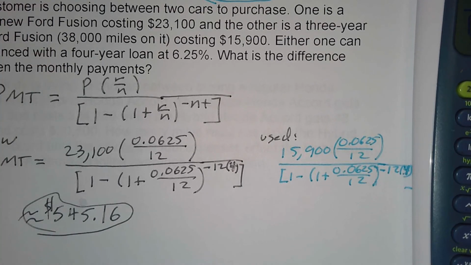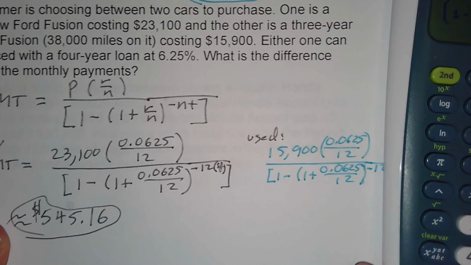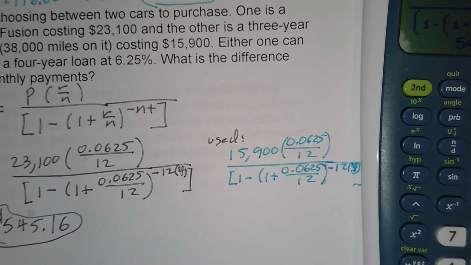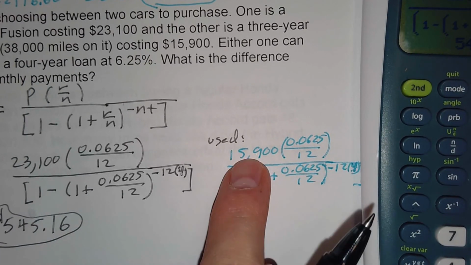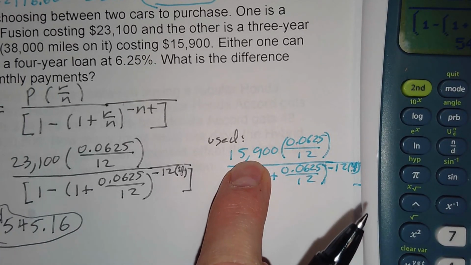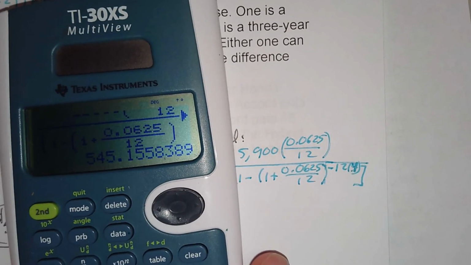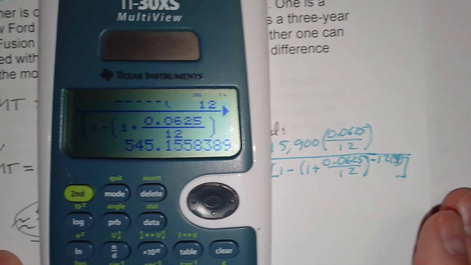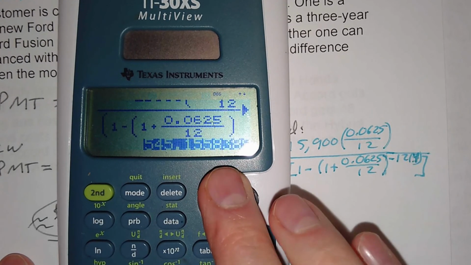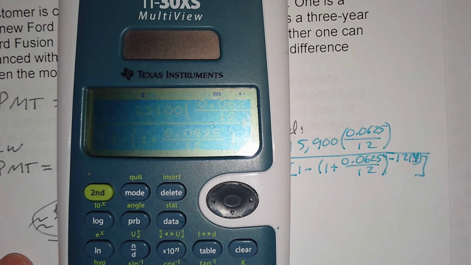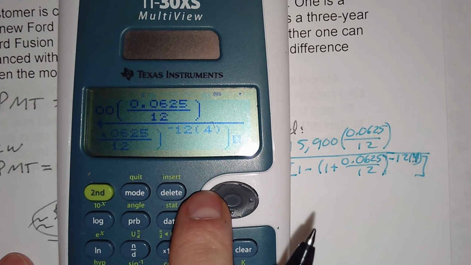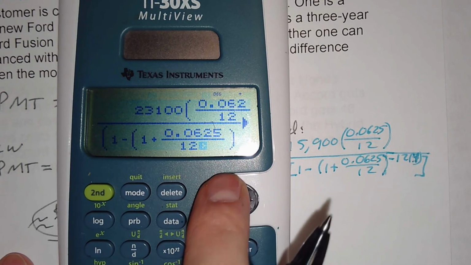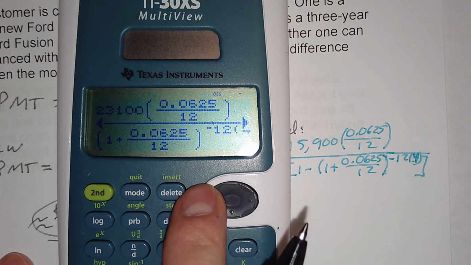Now, on the used car, the only thing I'm changing is that number there. So again, I don't want to enter all that in. I'm going to go up here and grab my formula. Now I've got some arrowing over to do, so it's going to take me a little bit to get over to it.